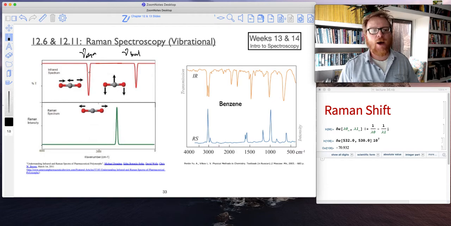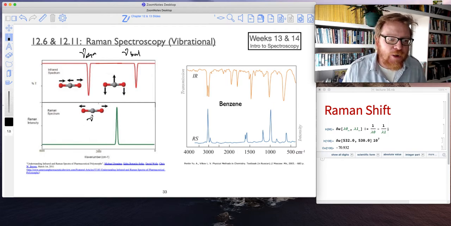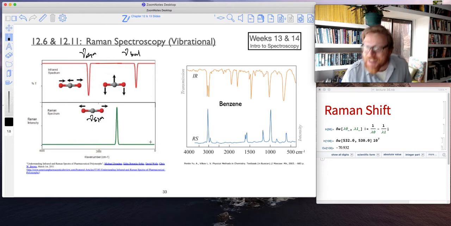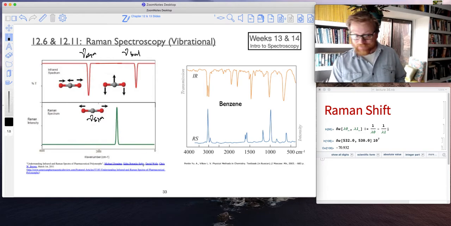Well, as it turns out, neither of those modes are Raman active because they don't disturb the electronic environment enough. However, the symmetric stretch is Raman active, right?